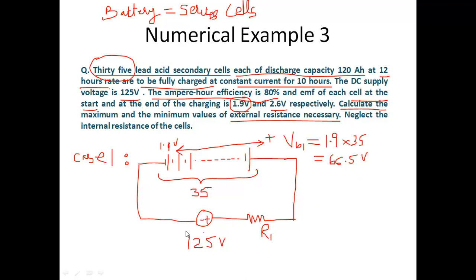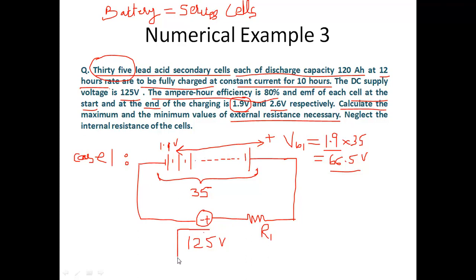Now we can see that in case 1, the starting of the charging stage, the voltage across the branch of cells or the battery is 66.5 volt, and we have 1.9 volt across each of the cells. And at the end of the charging, the voltage rises to 2.6 volt, which means that in the second case this voltage VB will be somewhat higher than VB1.